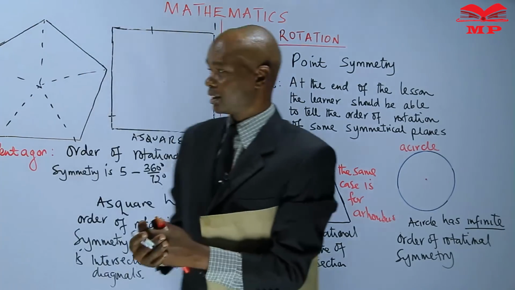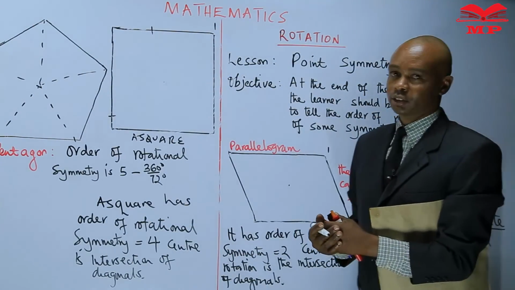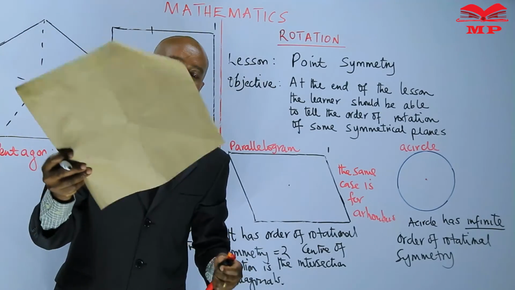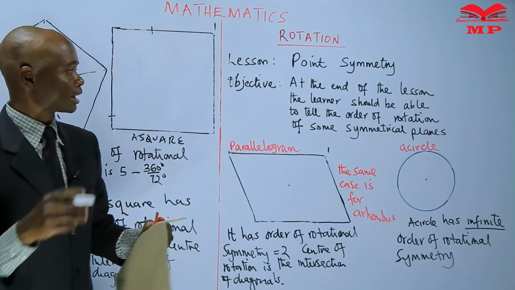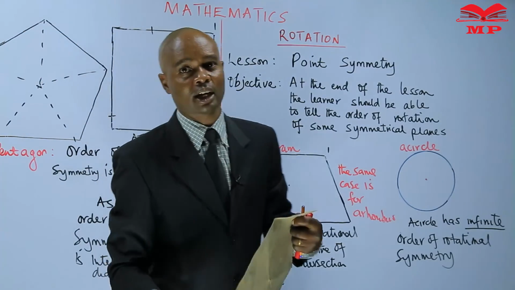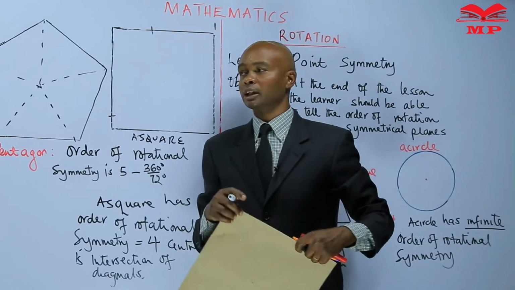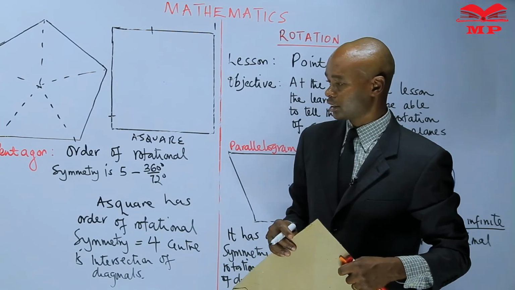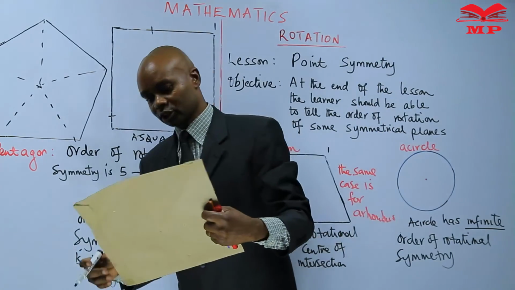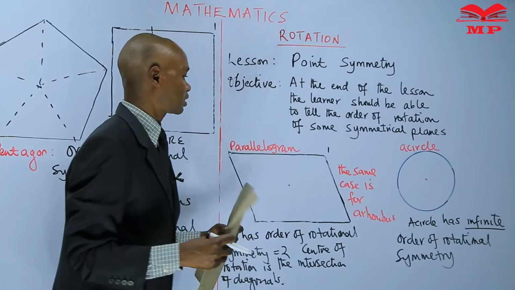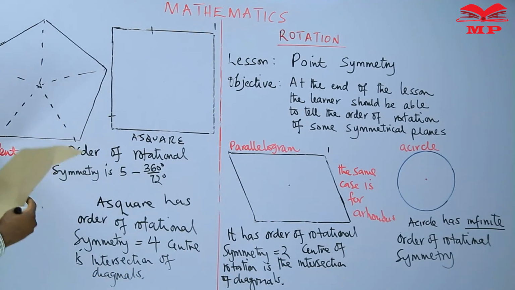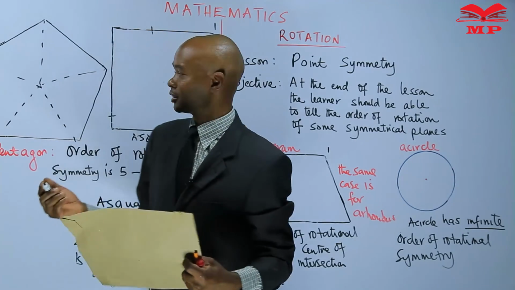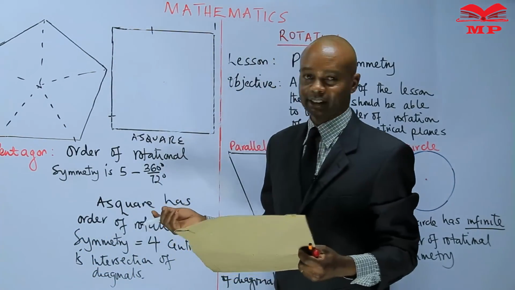So learner, at this stage, you know what rotational symmetry is. The number of times the plane figure, symmetrical figure, can fit onto itself after a complete turn, complete rotation of 360 degrees. So hope that will stick onto your head for the pentagon and any polygon. A 6-sided polygon, the order is 6.